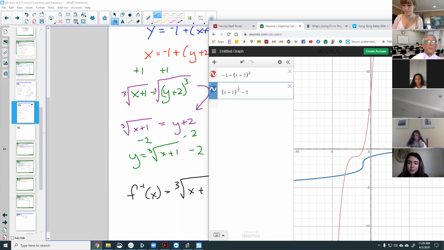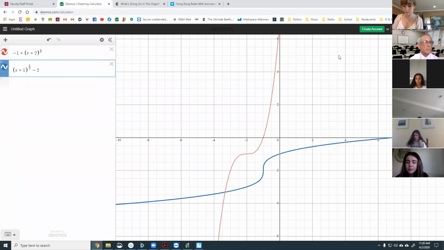Now let's take a look at this graph a little bit bigger. Do you notice anything interesting about this graph? They're the same, but they're going opposite ways.